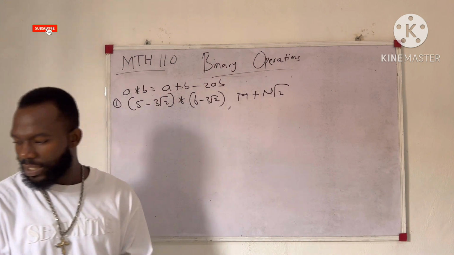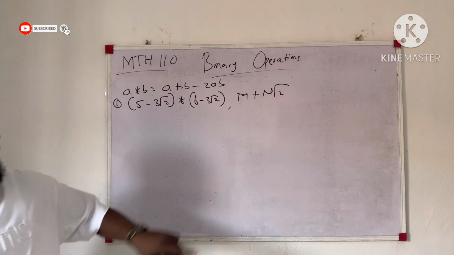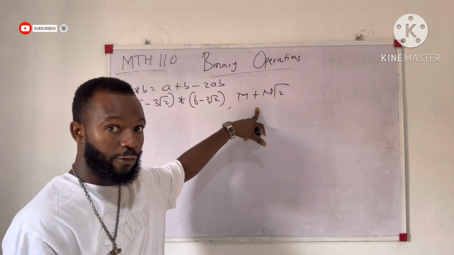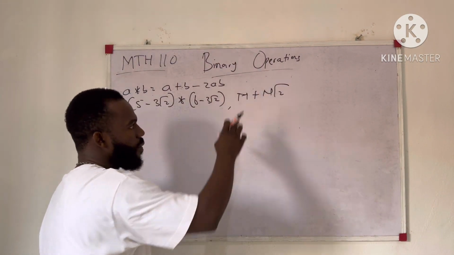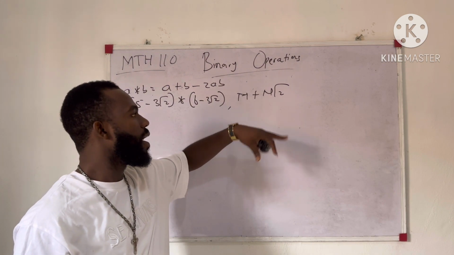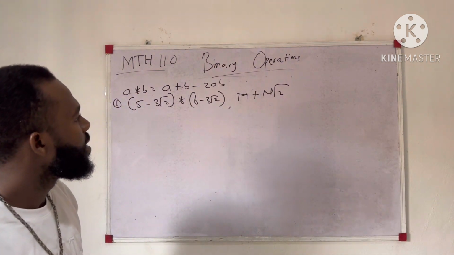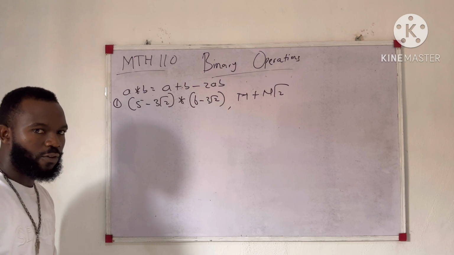Now this is how we were told to leave our answer in this form. Our answer should be in surd form. So it means when we are done solving, our answer must have root 2, and then we're going to have rational numbers for m and n. Now, how do we go about solving this kind of question?